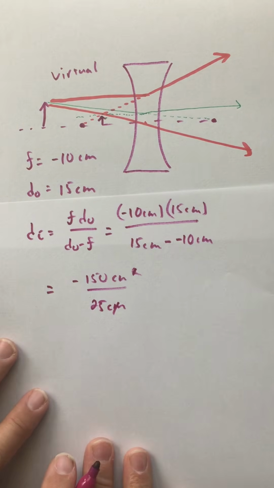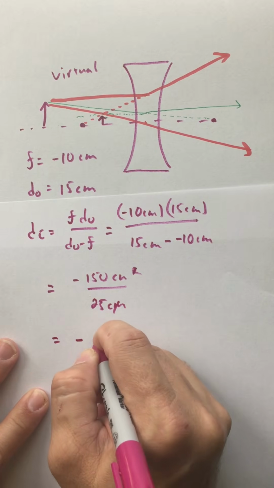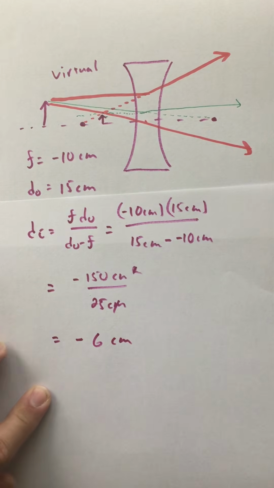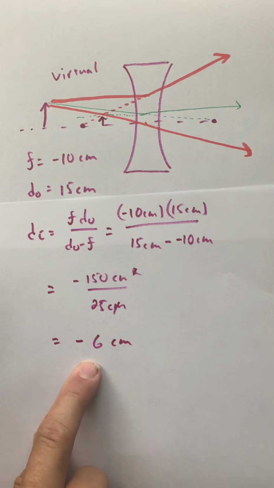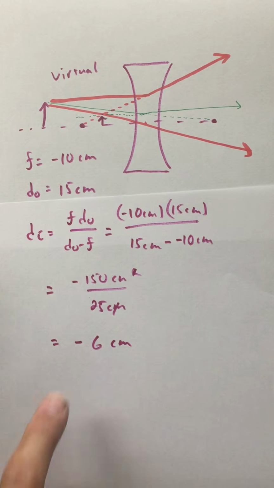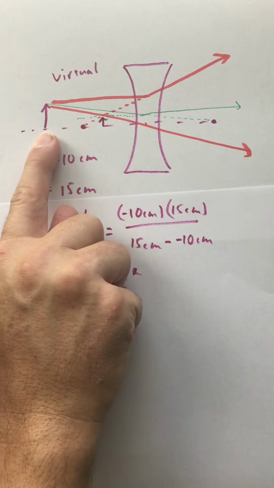Lose one of the units. What I get out of here is minus 6 centimeters. Yeah, so minus, again, for lenses, in the distance to the image, the minus sign will tell you that the image is on the same side as the object.